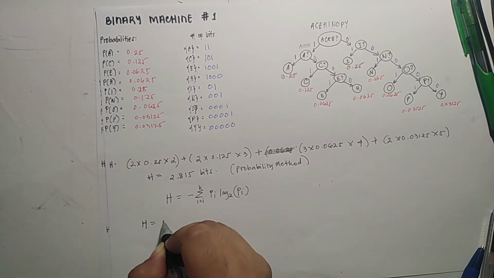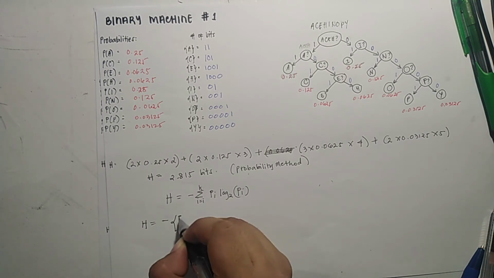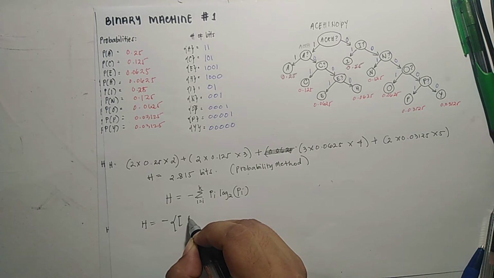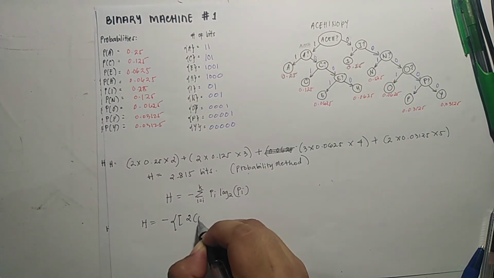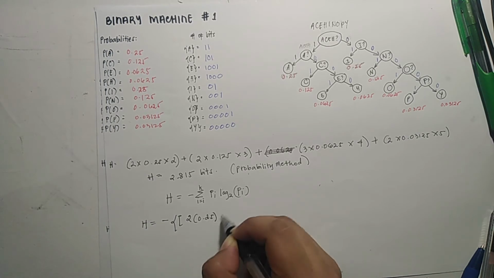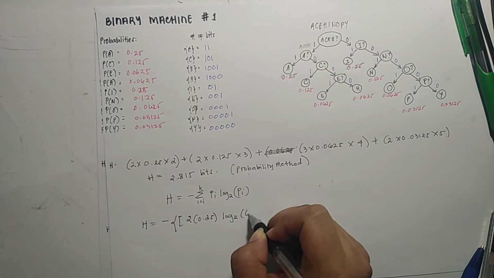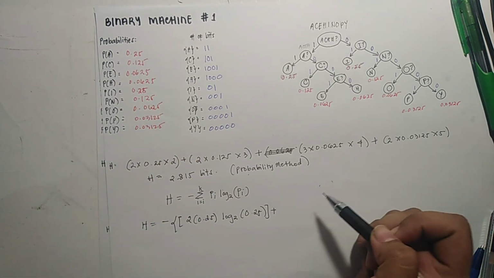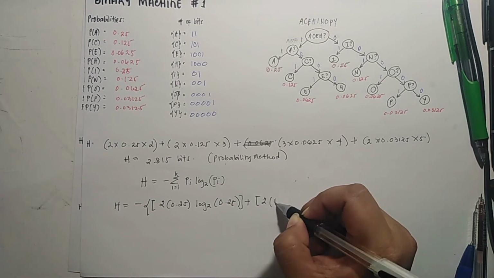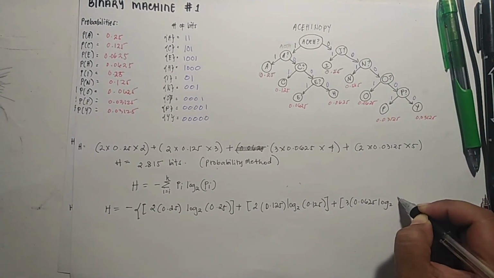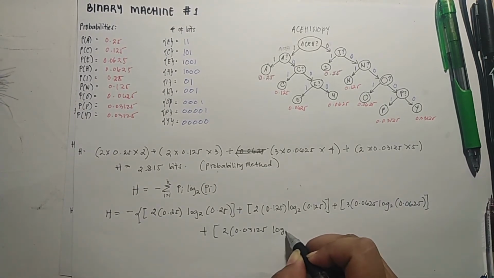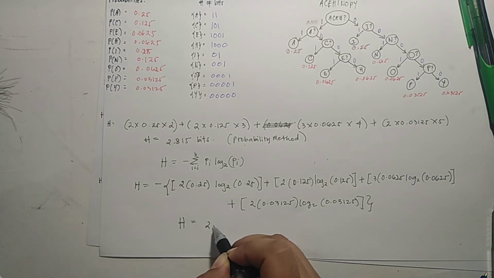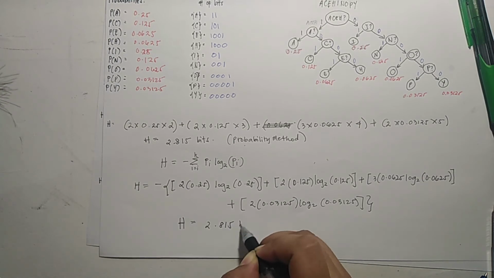So H is equal to negative, the probability 0.25 occurred 2 times, so 2 times 0.25 log base 2 of 0.25, and it will be added through the list of probabilities. So the total would be 2.815 bits.